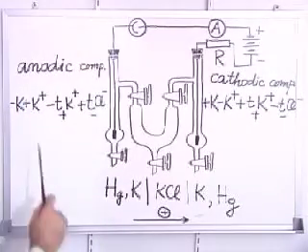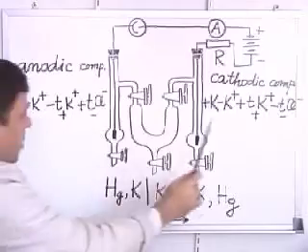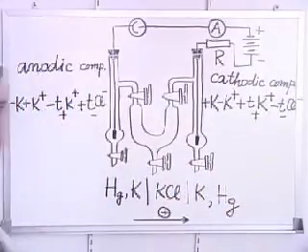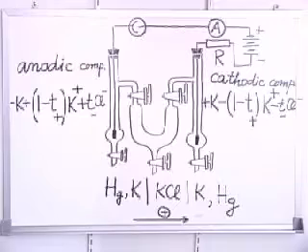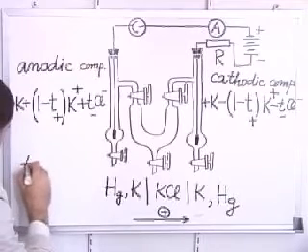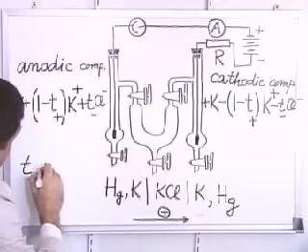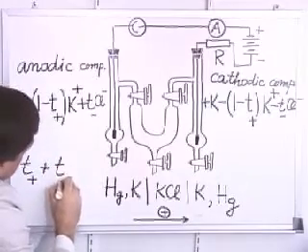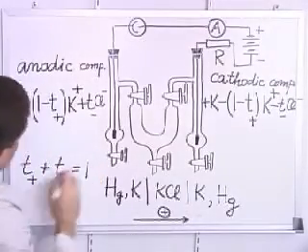We may factor out the potassium cations here and here. However, from the definition of transference numbers, transport numbers, it follows that T plus plus T minus equals unity.